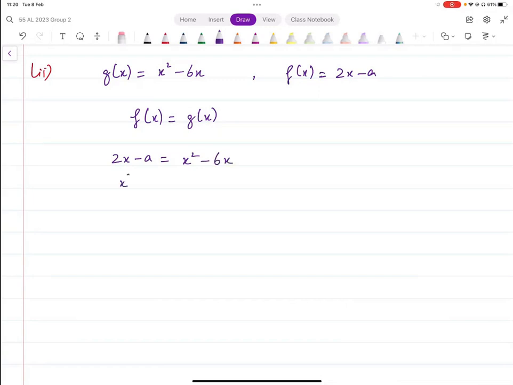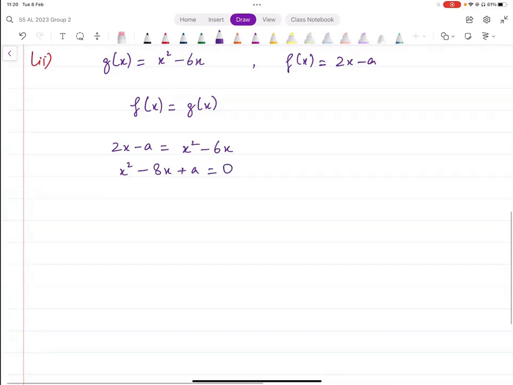We take everything to one side, it becomes x squared minus 8x plus a equals 0. Now this equation should have only one root. What does one root mean? b squared minus 4ac should be equal to 0.